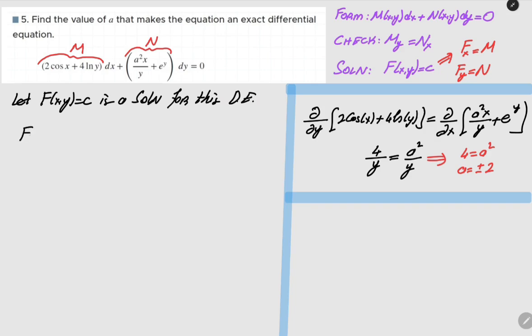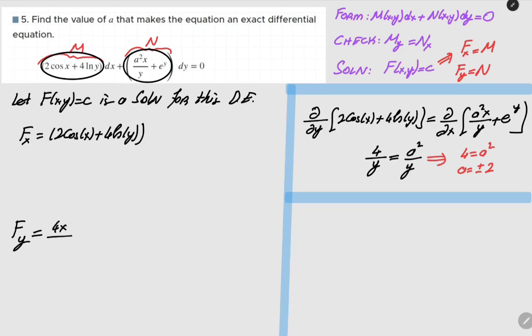Then the partial derivative of f with respect to x should be this M function, 2 cosine x plus 4 ln y. And the partial derivative of f with respect to y should be this N function. Let's replace a squared with 4: 4x divided by y plus e to the y.